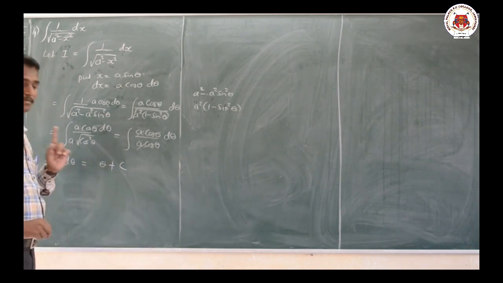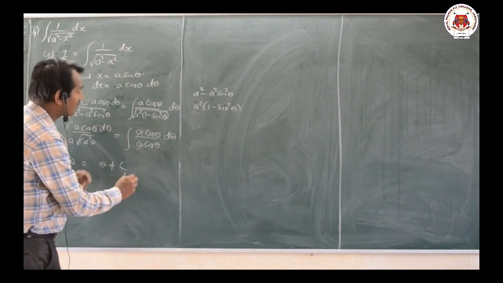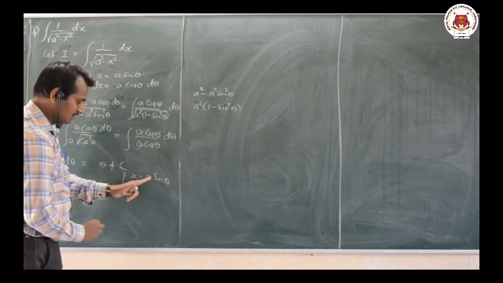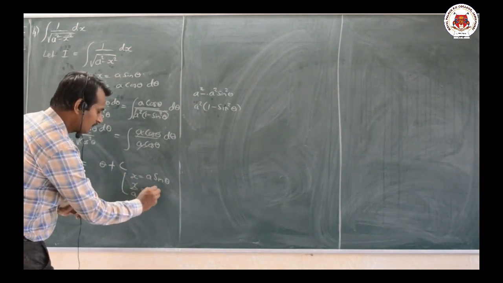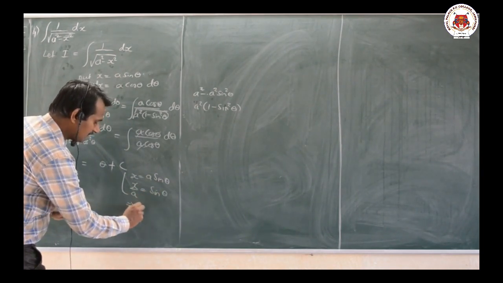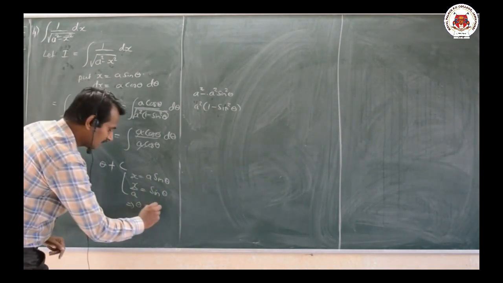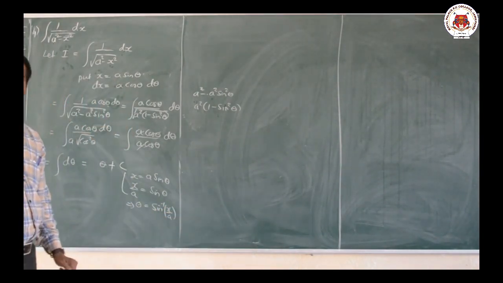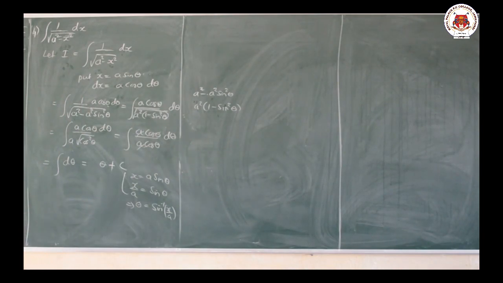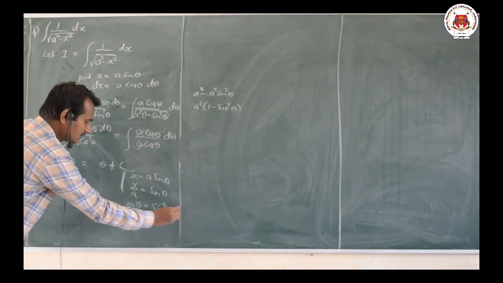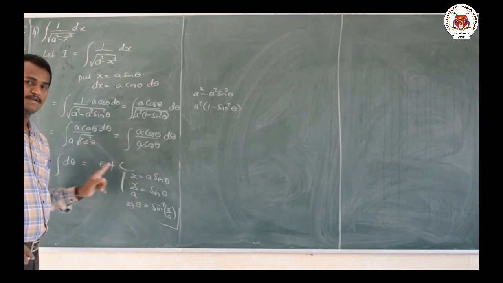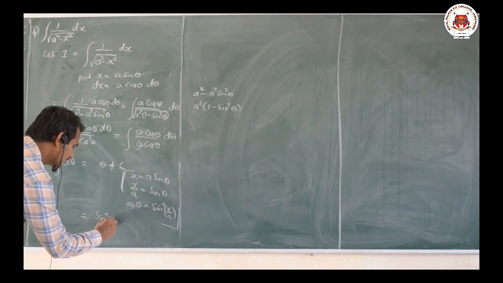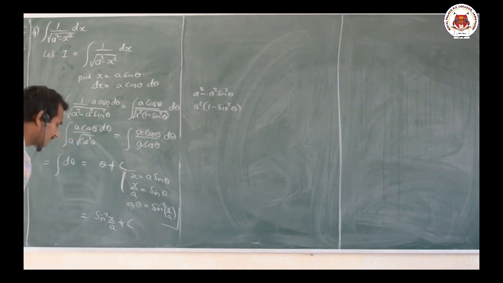Now what does theta mean here? We took x equal to a sin theta, so x by a equals sin theta, which implies theta equals sin inverse of x by a. Substituting, we get sin inverse of x by a plus an integral constant c.